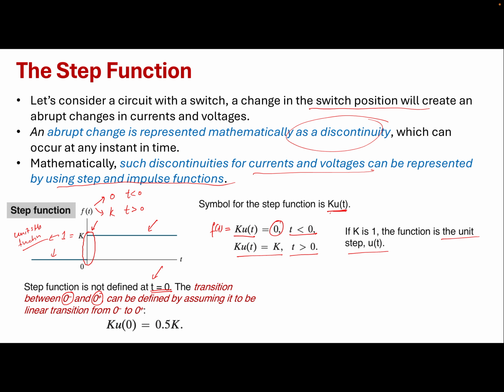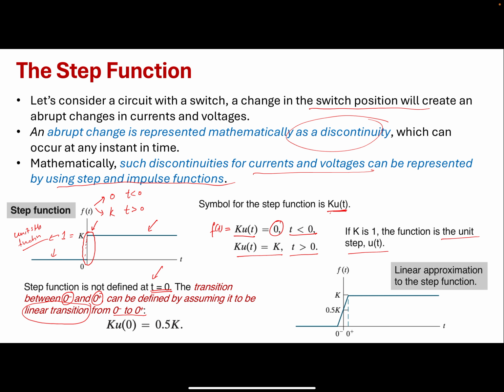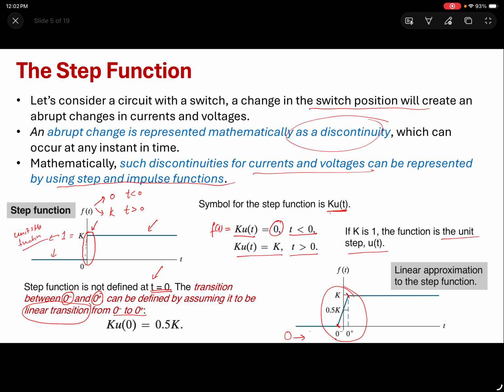So if we assume the transition from 0 negative to 0 positive is linear, we can model this with a linear approximation, which is over here. You can see that this is a heavily zoomed in view. 0 negative is very, very small, and 0 positive is very small as well. From 0 negative to 0 positive, we are moving from a value of 0 to k.